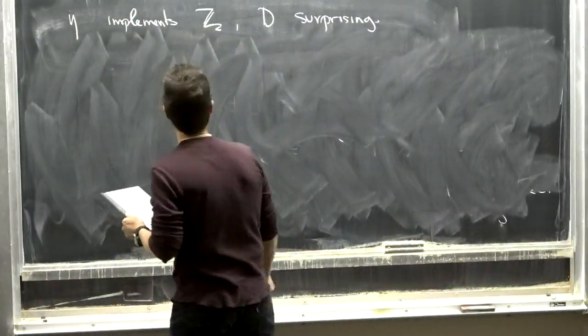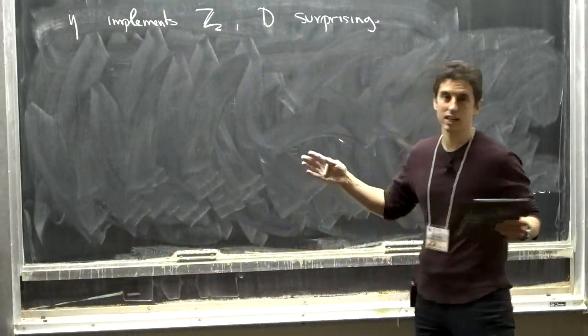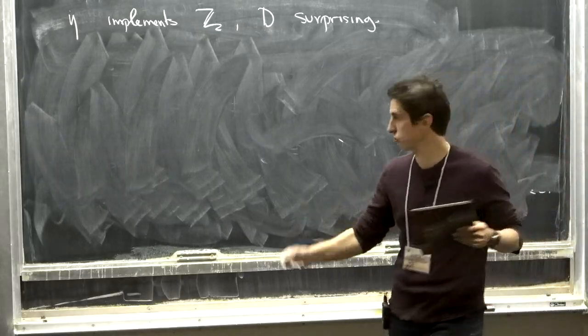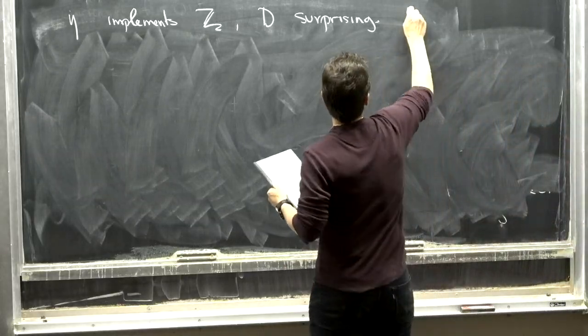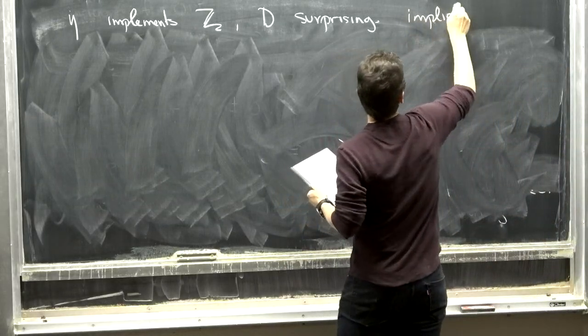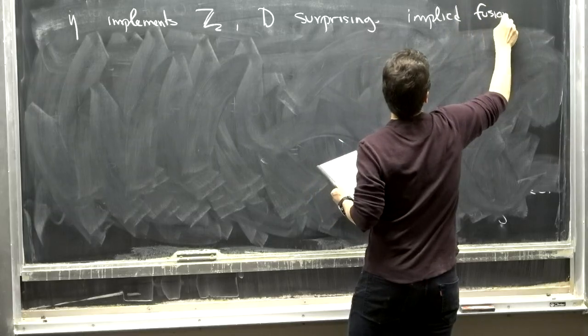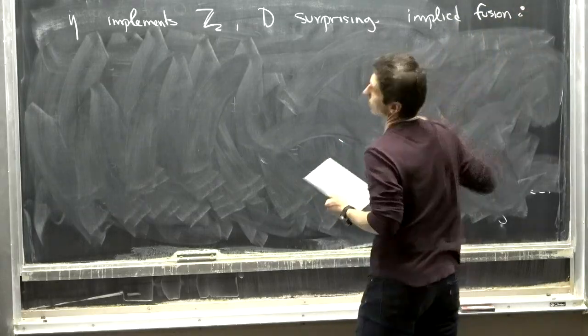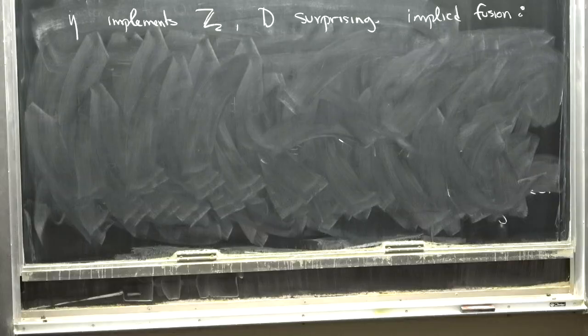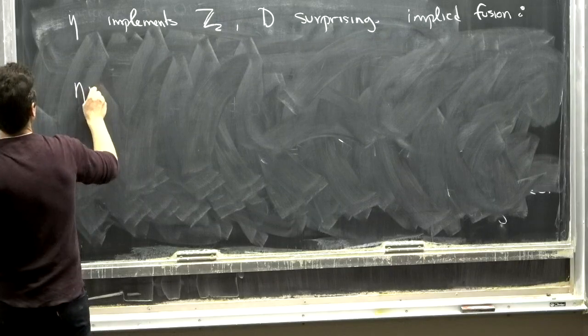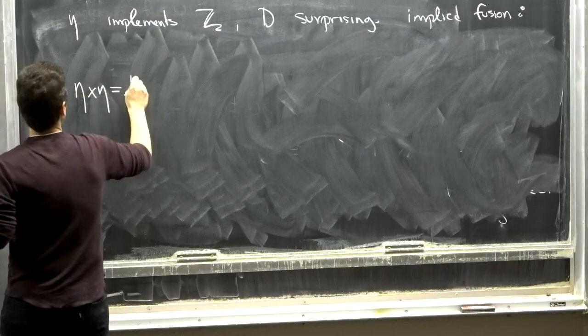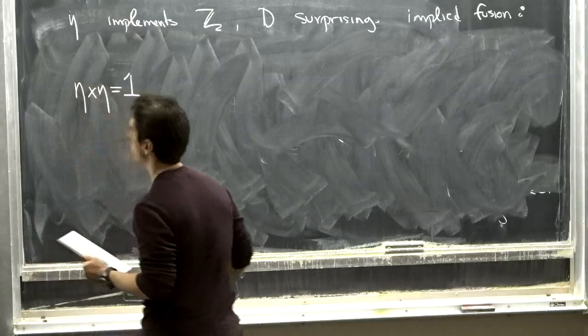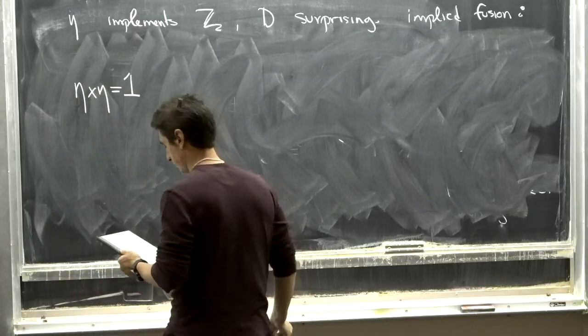What are the implied fusion rules? Remember, I advertised that there's this fusion structure. Well, we can read it off just from these eigenvalues, right? This is telling us how D acts on the Hilbert space. You can see that eta times eta is the identity, unsurprising for a Z2 symmetry.